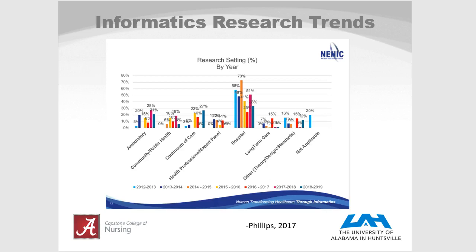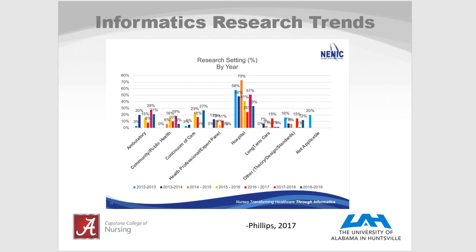We also have another group. This is the New England Nursing Informatics Consortium. They did this in 2017, analyzing the body of literature related to nursing informatics. They sort of broke down the characteristics of the research that was available.